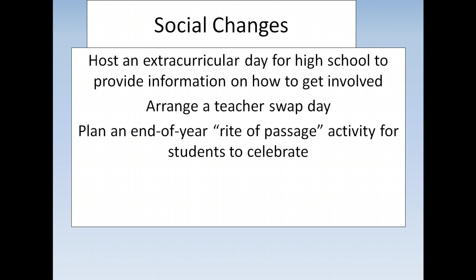For middle schoolers, it's also a good idea to have some sort of rite of passage at the end of the year to help them celebrate the close of their middle level years, sort of a send-off. Perhaps they could do a time capsule or some sort of activity that leaves a permanent mark of their success in the community.